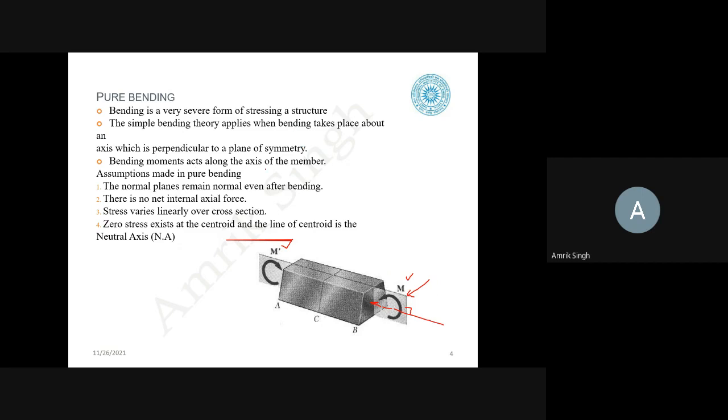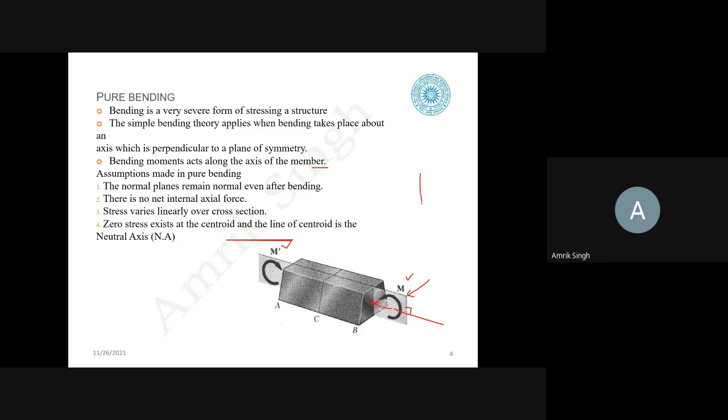Bending moment acts along the axis of the member, and we make the assumption that normal planes remain normal even after bending. So that means these planes do not twist. Second, there is no internal axial force, and the stress varies linearly over the cross section.